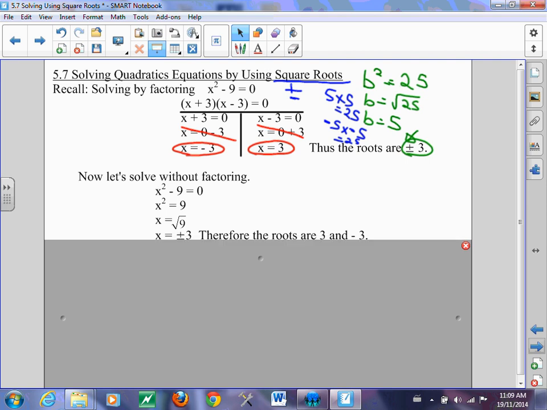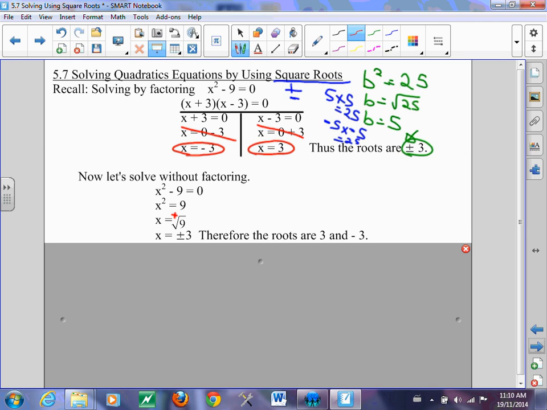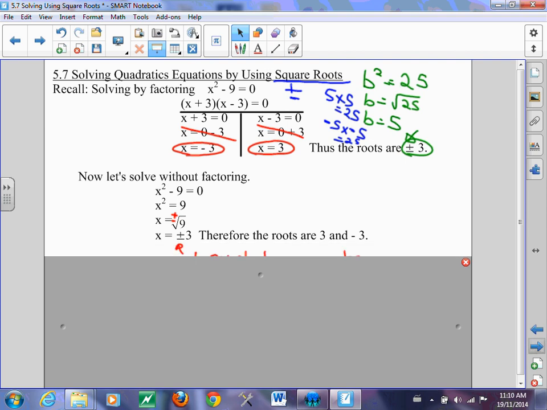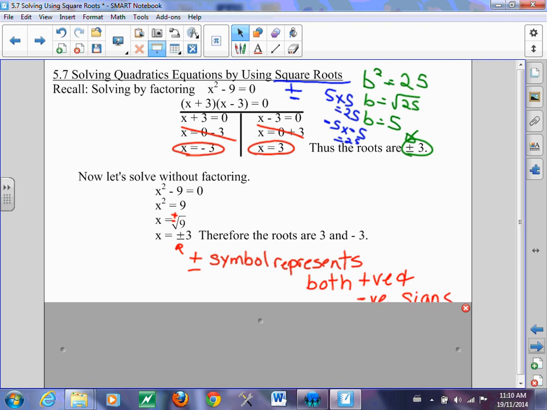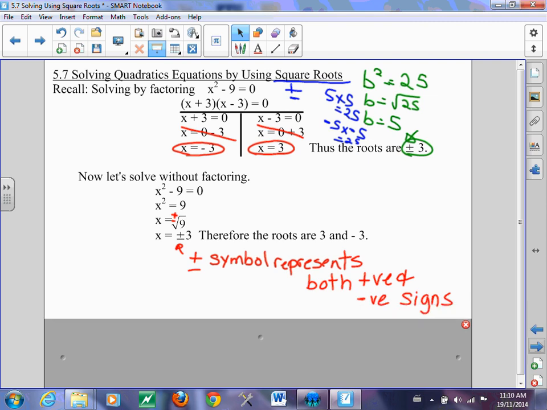Be careful, folks. When you take the square root of 9, you've got to take the positive and the negative root. That is new. So therefore, the roots are 3 and negative 3. So the symbol, plus or minus, represents both positive and negative signs.